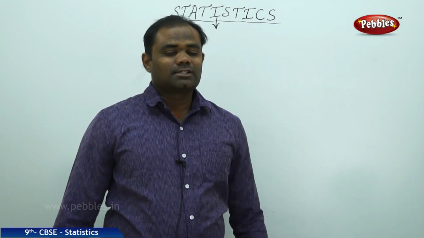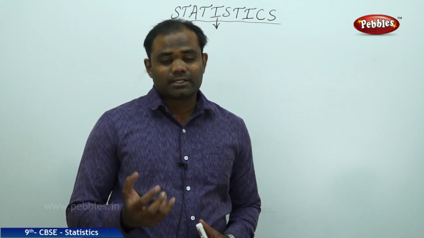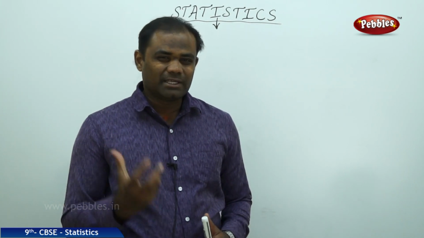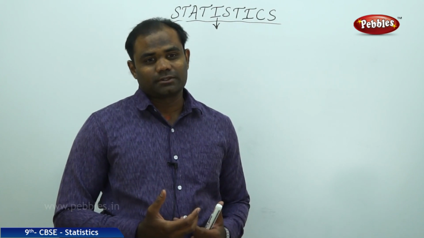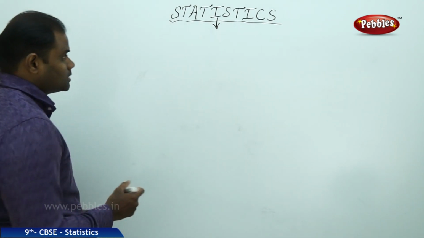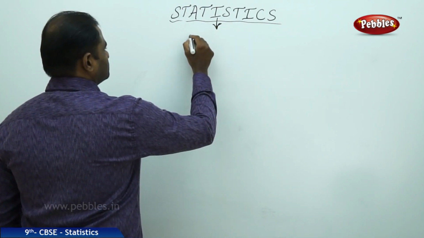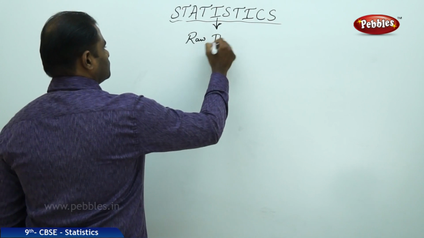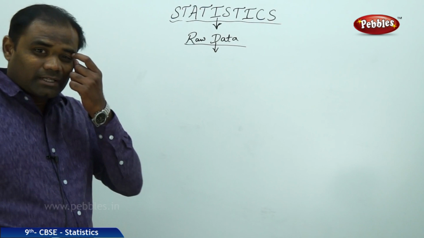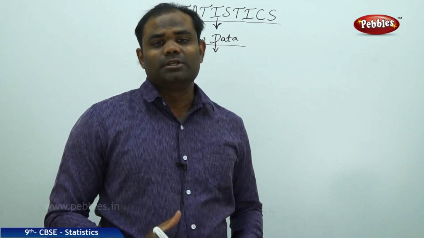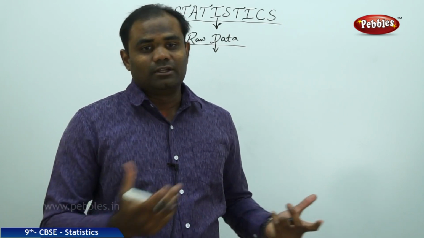Now that we have discussed certain common terms in statistics, let's continue further to take an example problem and understand few key mathematical concepts used in statistics. First thing is about the raw data. So raw data is generally assumed to be that data which is directly taken as the values listed out.